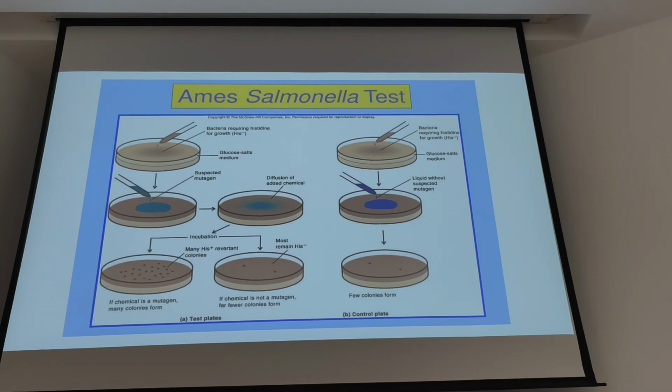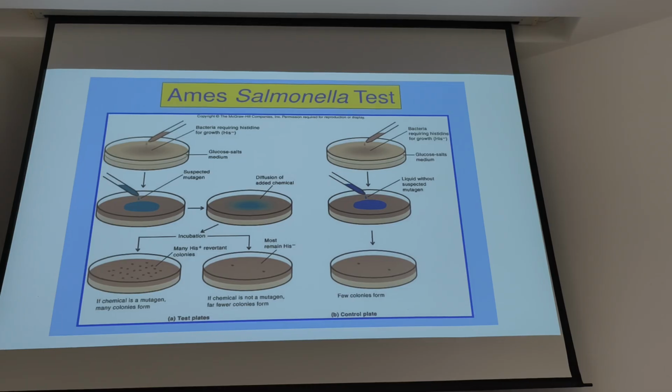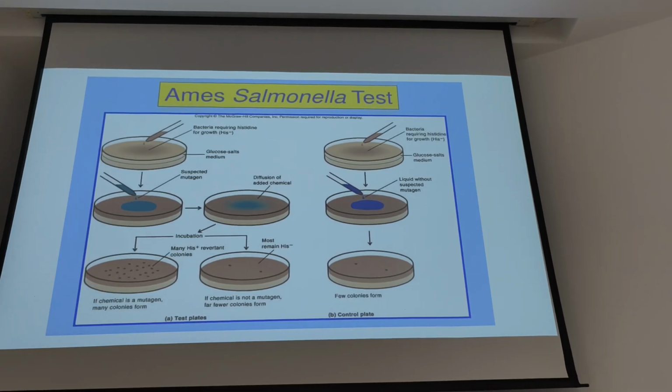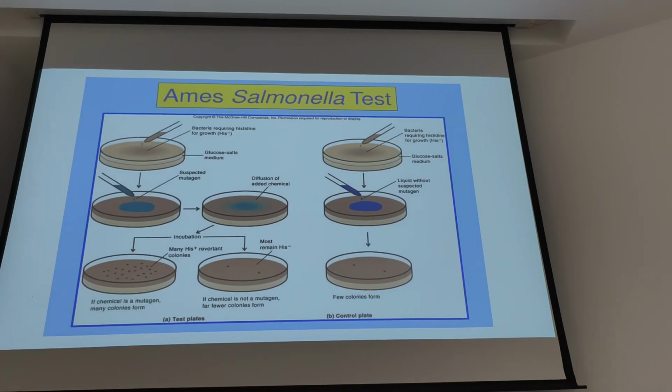For instance, if we have an average about 100 in the histidine presence, in the absence we have 30. And this is with S9. And if we have a negative, that's chemical Z, or a negative control, nothing. That has 100 and 0, 100 and 10.